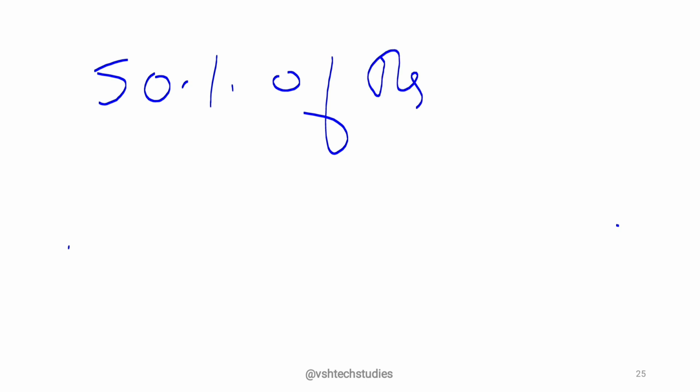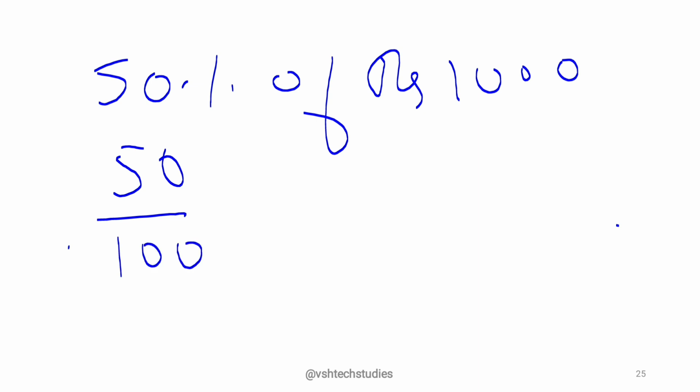Now we'll have some examples. So 50% of 1000 rupees: 50% is written as 50 upon 100. This 'of' is written as the multiplication sign. Then this 1000 rupees is taken.